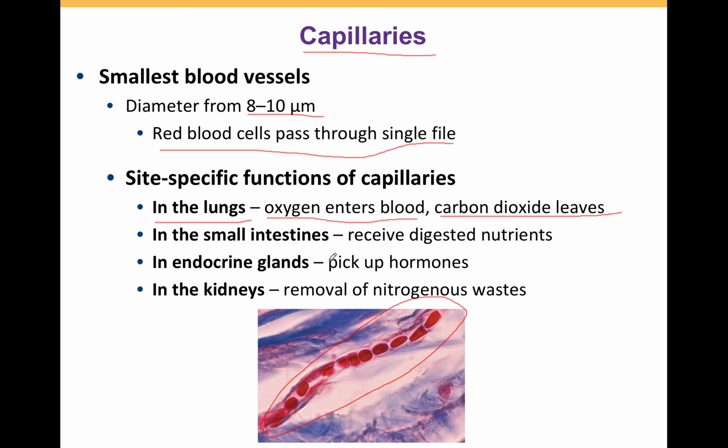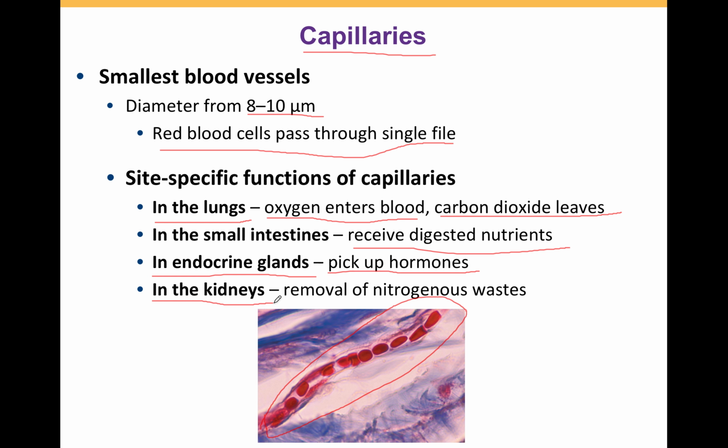In the small intestine, which is the site for absorption, you can receive the digested nutrients into your bloodstream, so basically absorption. In the case of your endocrine glands, these capillaries have the ability to pick up hormones that are being secreted by the endocrine glands, transfer them to the blood, and send them to their final destination.